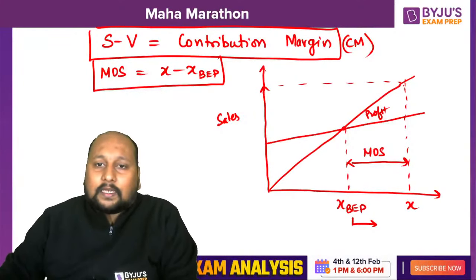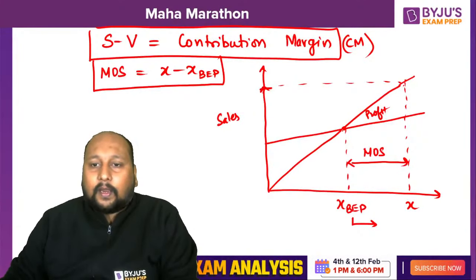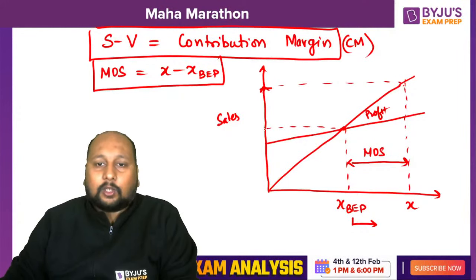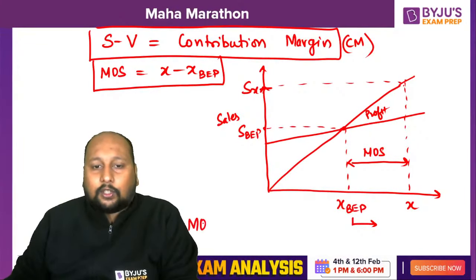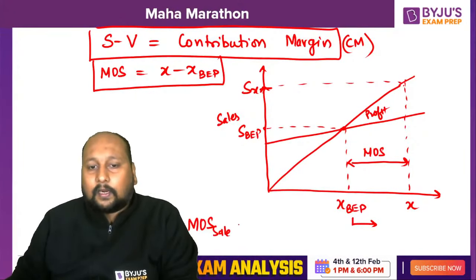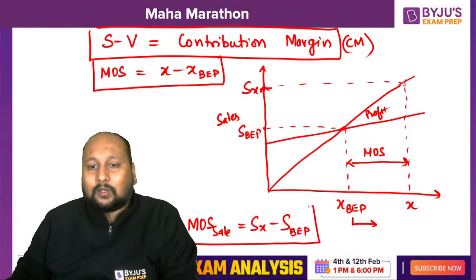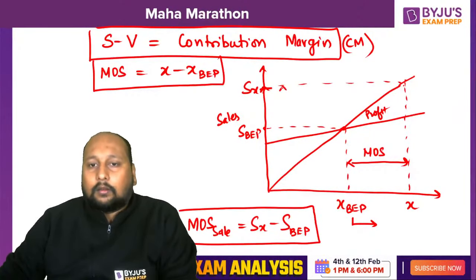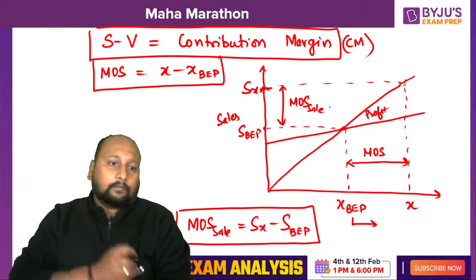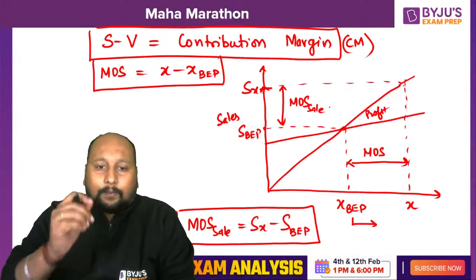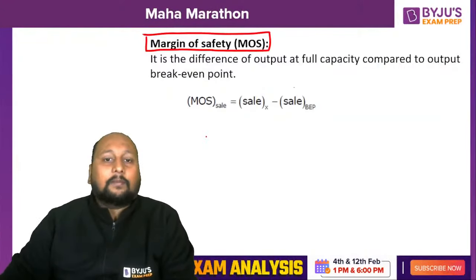Additionally, we can calculate it from the sales perspective, because this point will be your SBEP, and this is at any X value. The margin of safety from the sales perspective is equal to SX minus SBEP. Sometimes they give the margin of safety in percentage.